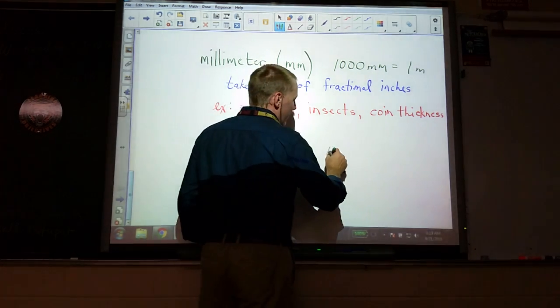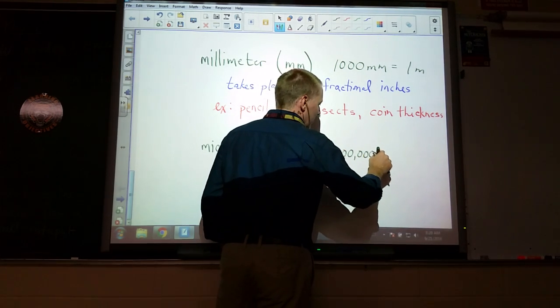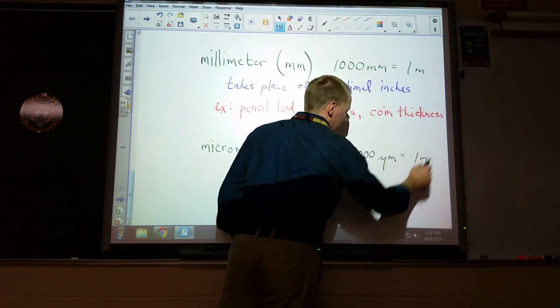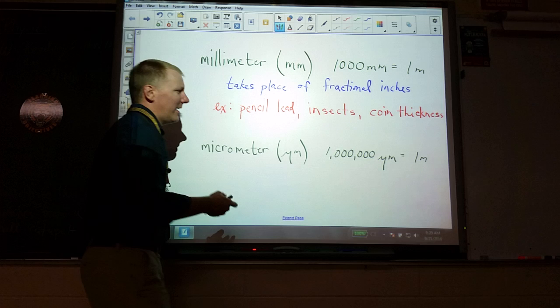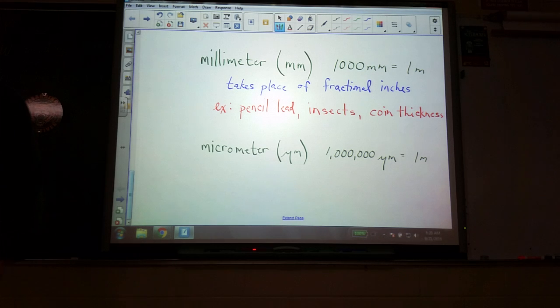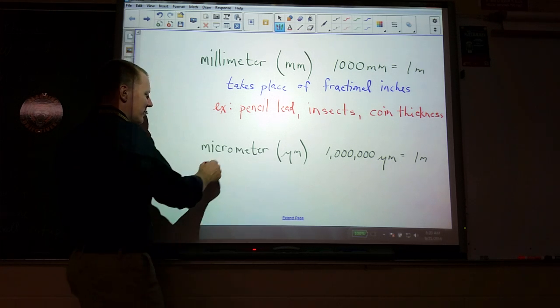So it takes 1,000,000 of these to equal 1 meter. And again, we don't really have an American or English equivalent. We would use thousandths of an inch or even smaller, millionths of an inch to do that. And that's a pretty uncommon measurement for most of us.